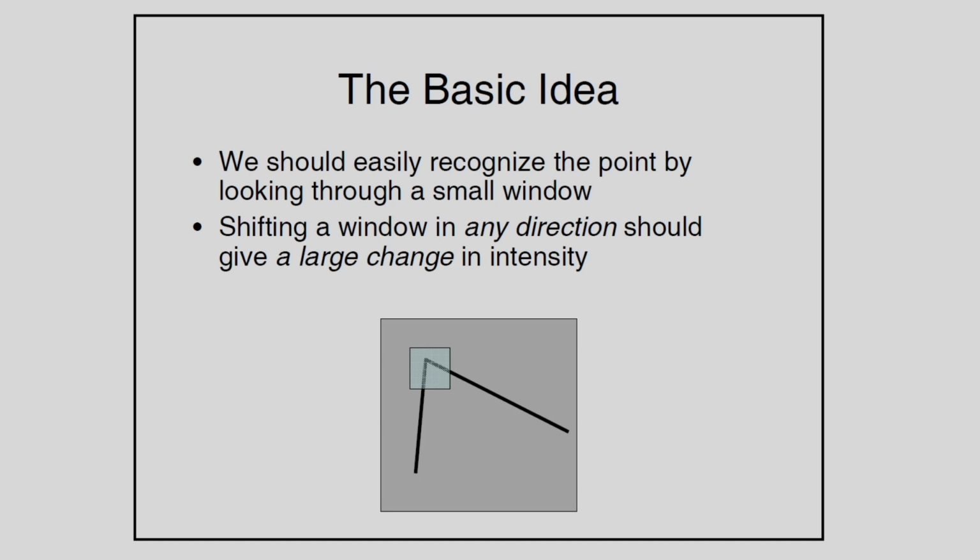So, the basic idea is like this. We should easily recognize the point by looking through a small window. So, I am considering one small window, and suppose this is the center point of the window, and I am shifting the window in any direction. I can shift the window in this direction, in all the directions.